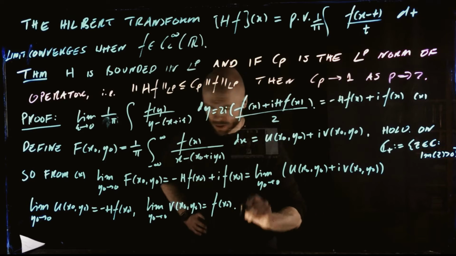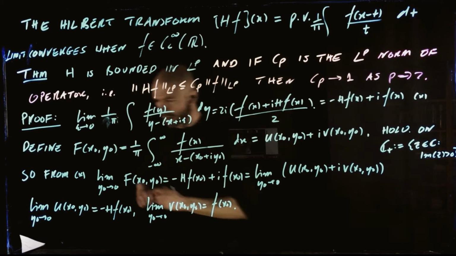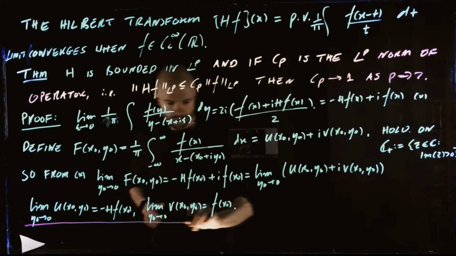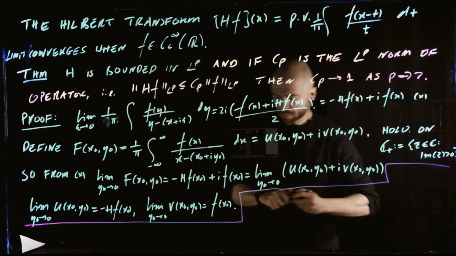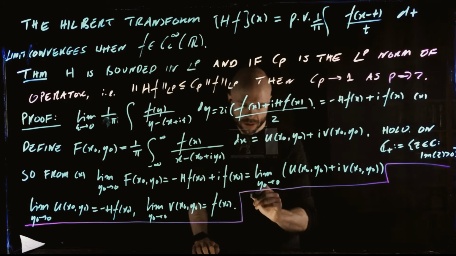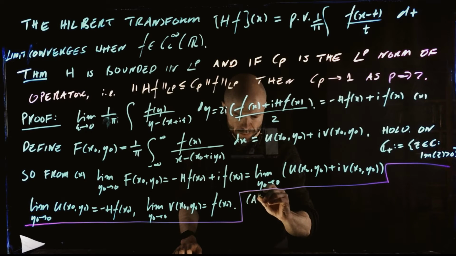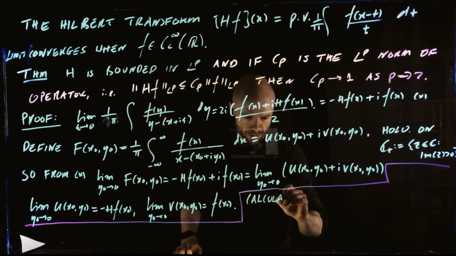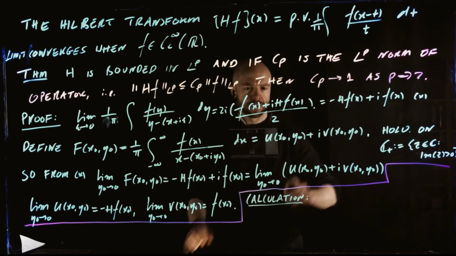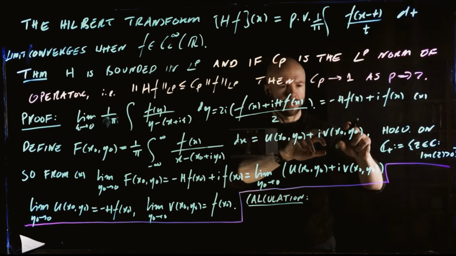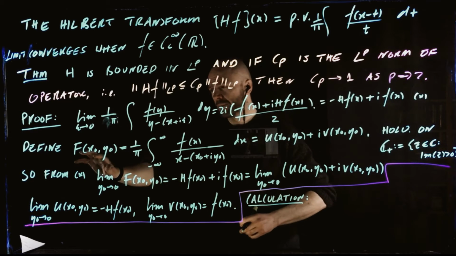So let's underline this, because now we're going to start to calculate quite a bit. So, calculation. We're going to calculate the Laplacian of the pth power of this, and the Laplacian of the pth power of this, and the Laplacian of the pth power of f.